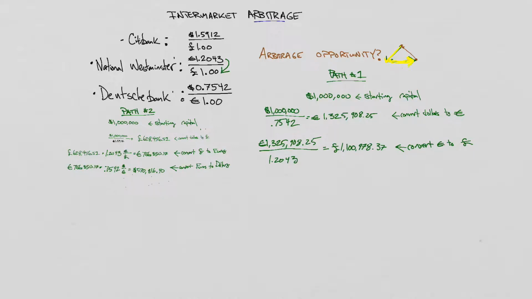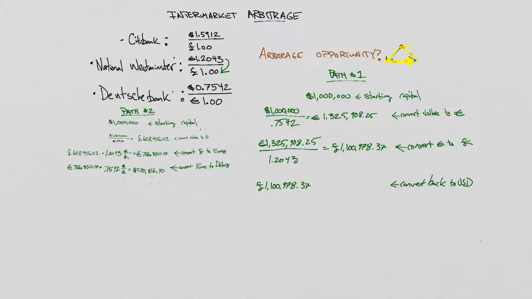And then the final step is to take those pounds and convert them back into dollars. So we take our 1.1 million pounds and find a buyer for them willing to exchange for dollars. And it looks like that's going to be Citibank. We've already dealt with Deutsche Bank and Westminster, and the one remaining, Citibank, is offering $1.59 for every pound that we trade them.